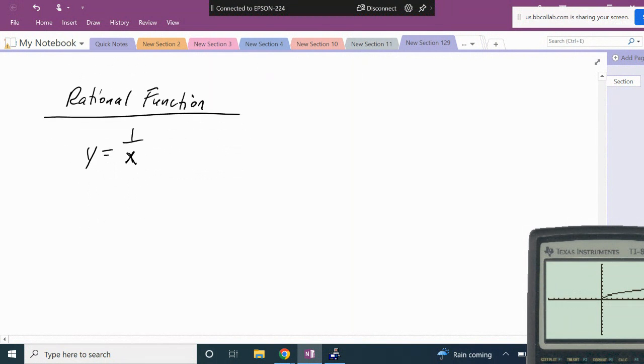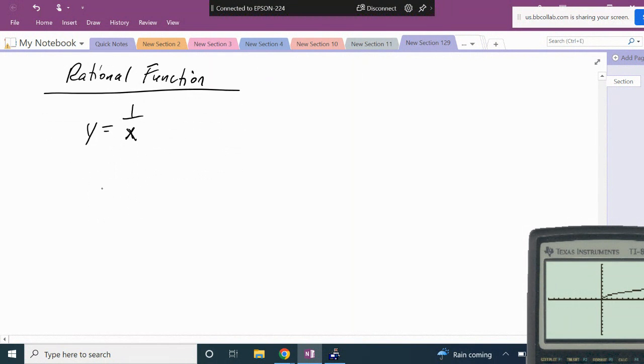If we were to graph the rational function, it looks something like this. And this is considered to be a discontinuous graph, which means that we can trace the graph for a portion, and then we have to take the pencil off and put it back on to retrace the graph.